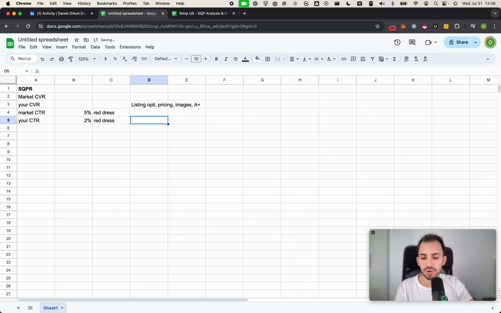And to improve your click-through rate, the only thing that you can do is, I would say again, pricing, because it is pretty important on Amazon especially. And the second thing that you can do is your main image. We just need to make sure that the main image looks interesting enough for someone to click.